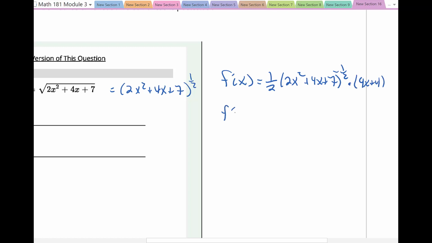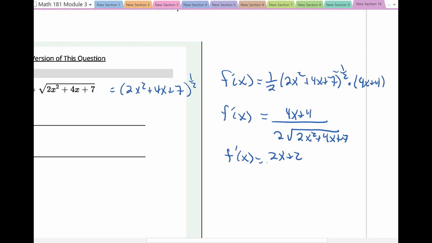So f prime of x is going to be 4x plus 4 over 2, from the 1/2, times the square root of 2x squared plus 4x plus 7. We can reduce the 2 out of the numerator and denominator, so it's going to be 2x plus 2 over the square root of 2x squared plus 4x plus 7.